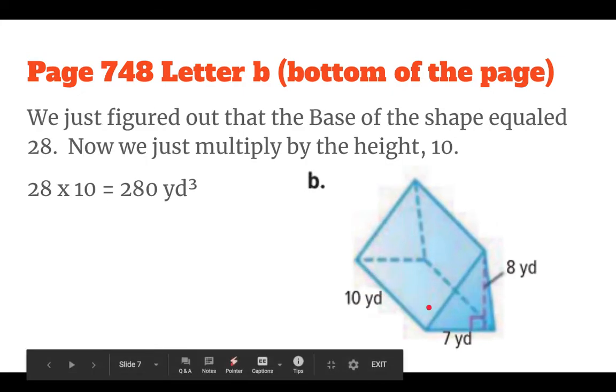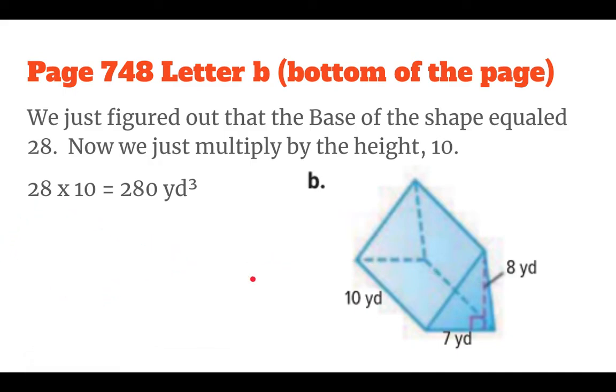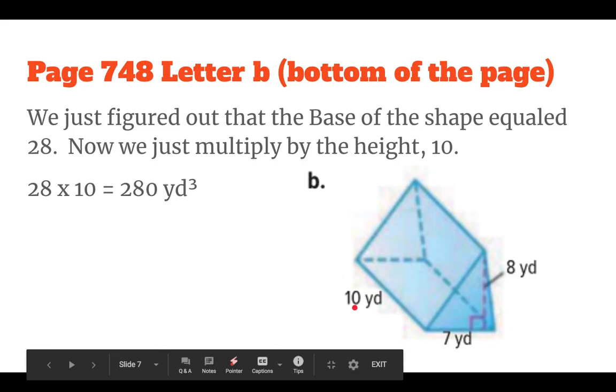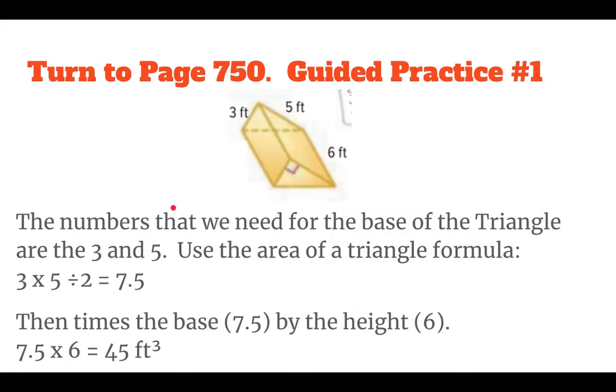Then you take that area to find the volume, and the only difference is you have to throw in multiplying by the height of the triangular prism. In this case, it's 28 times 10. Quick recap, we took 7 times 8, 56, divided by 2. We got this 28, and then we timesed it by this 10, the height. So it's 28 times 10 equals 280.